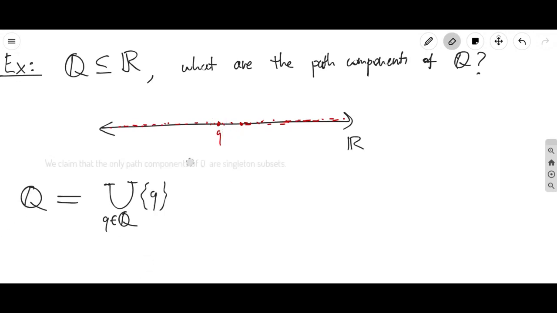And you can see what the problem is, because what does it mean to be an open subset? Maybe we should just recall this.